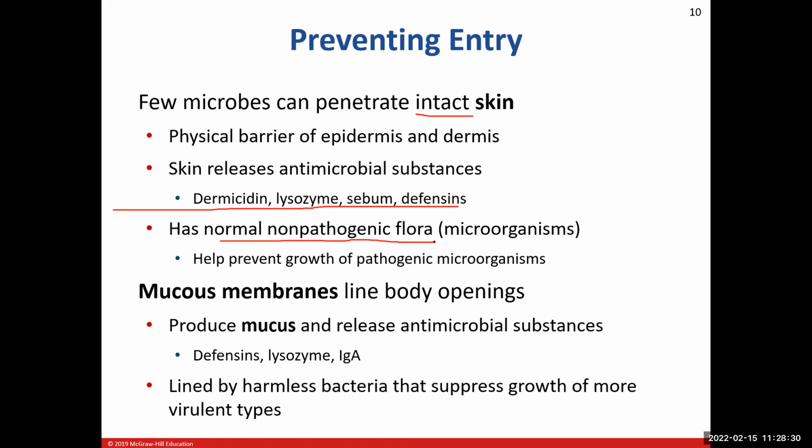And yes, they're microorganisms, and it's not just bacteria, it can also include fungus, for example. And so you will see how these antimicrobial substances help to keep this non-pathogenic flora in check, to make sure that population does not get out of control.